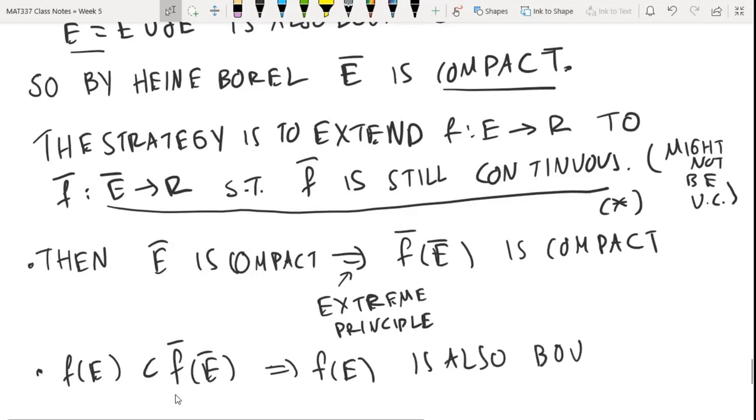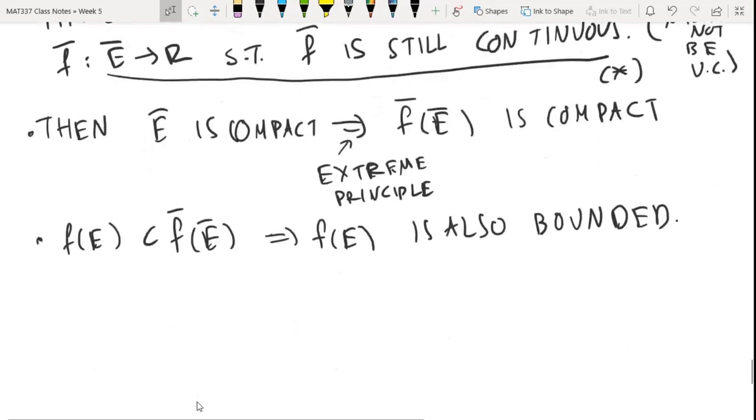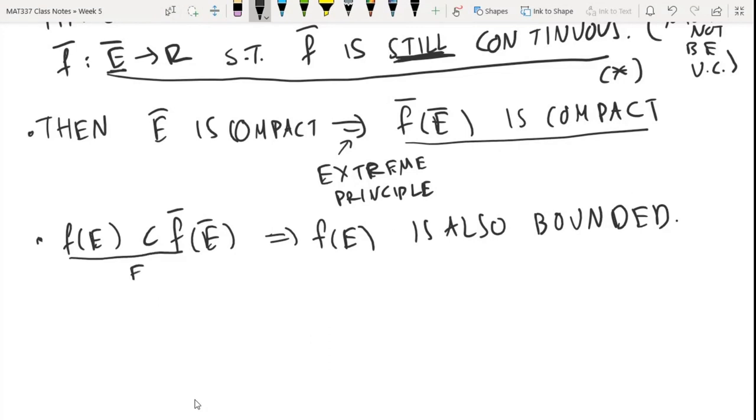So I hope you can follow. This is a very intricate proof. If you can find simplifications, please tell me. So let me repeat, we have to extend f to the closure, but make sure that we still preserve continuity. That's the whole point. Then the extreme value principle says you have compactness, and because it's an extension, f of E is still inside f bar of E bar.